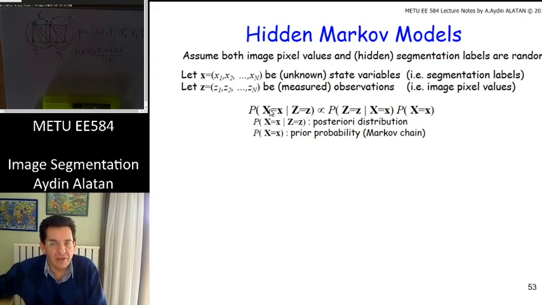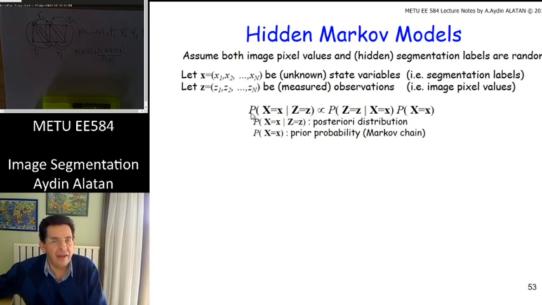I'm obtaining the posterior distribution in this way. Therefore, this probability of x is a prior probability about the unknown labels and pixel labels that I'm trying to estimate. This is the measurements I obtained through the pixels.